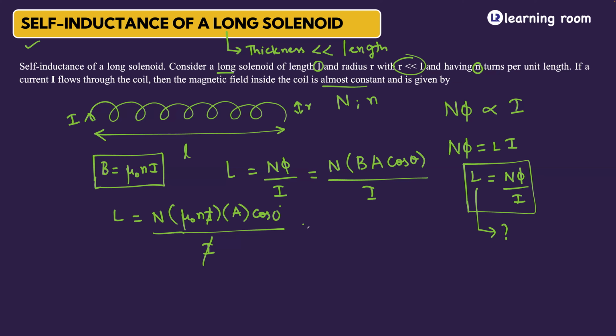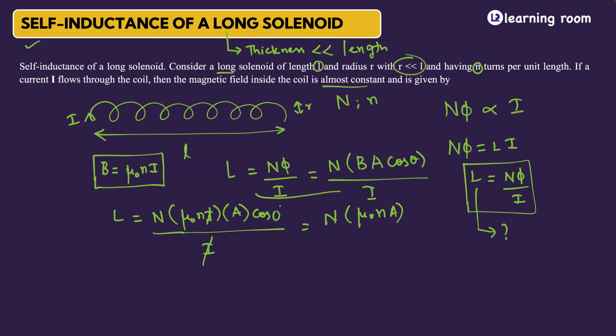So when I write the expression here, it will be N into mu naught into n into A into cos 0, which is 1. That is all we are left with.